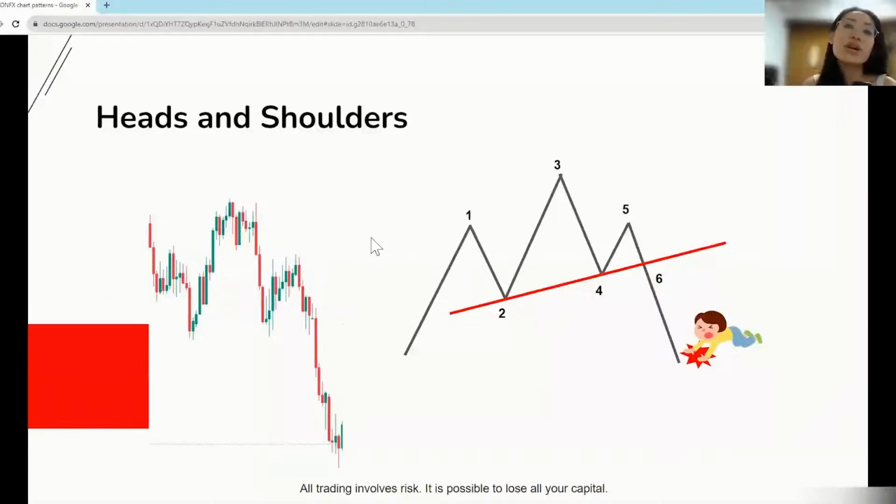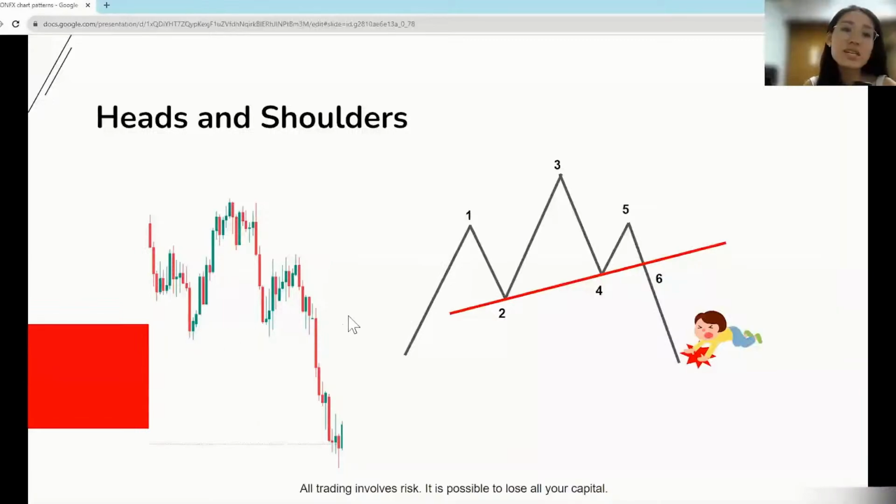So same thing, if you implement this diagram onto our real life example on our candlestick chart, point 1 would be here, point 3 here, and point 5 here. So if I were to draw or to measure out a line, well, it doesn't have to be horizontal, just a line that extends out connecting these two swing lows.